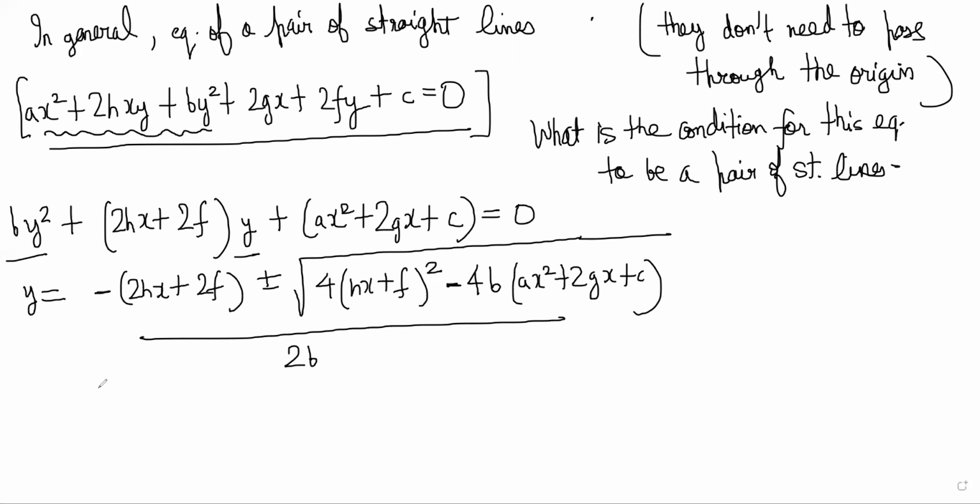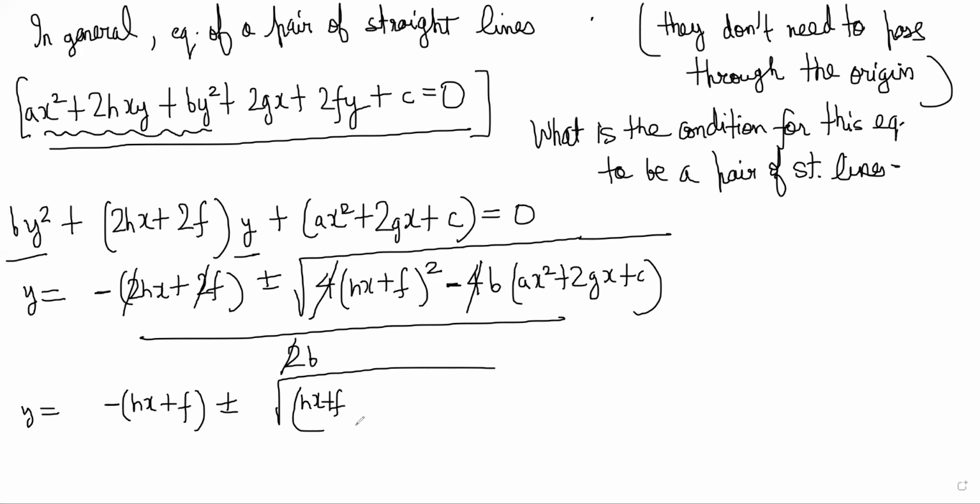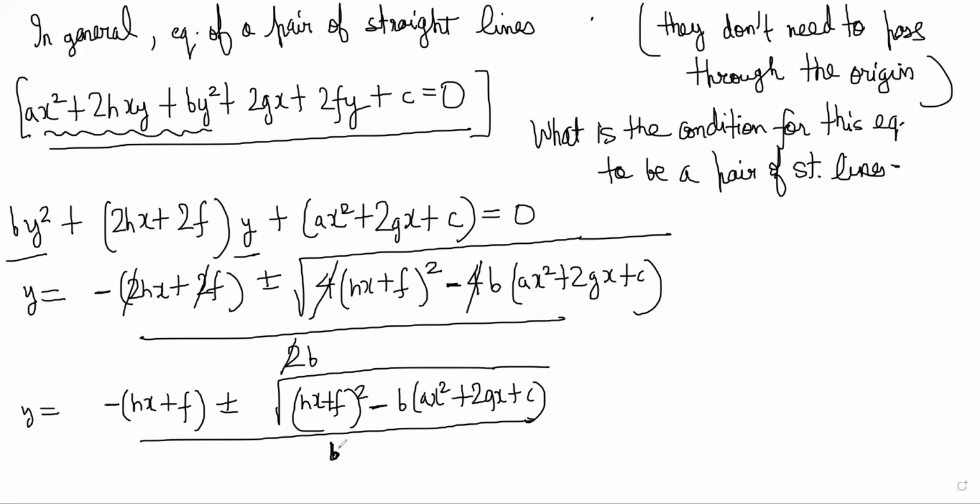Now we can cancel off 2 from everywhere. 4 will go away, 2 will go away here, and 2 will go away here, and you have minus of hx plus f plus minus root over hx plus f whole square minus b into ax square plus 2gx plus c divided by b, right?